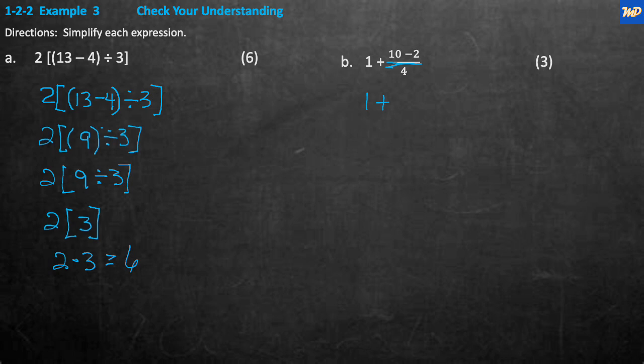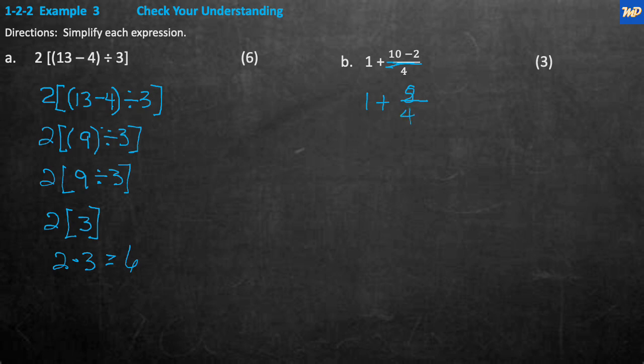And there's the fraction. Since this is considered a brace, we have to do what's on both sides of it first. We'll start on the top and then do the bottom, but the bottom, you see, there's not much to do. It's just a 4. So 10 minus 2 is 8, and that's over 4.